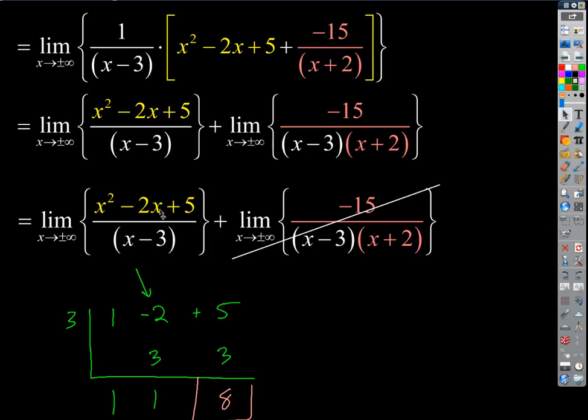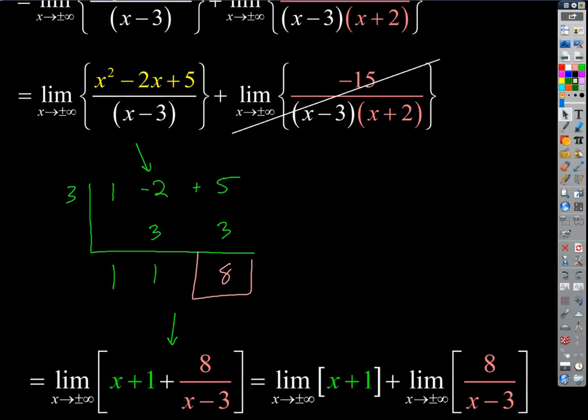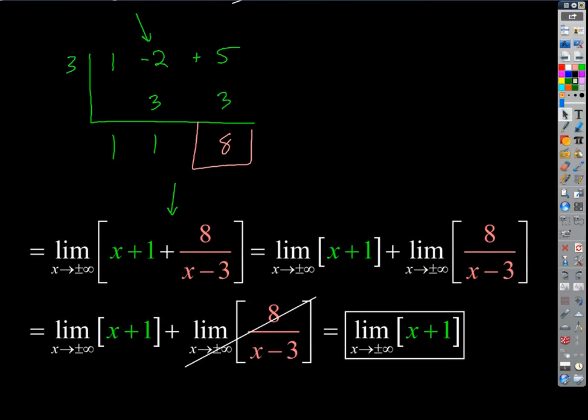That part is also easy to do synthetically, right? We can go through and the coefficients become 1, -2, and 5, and the 0 of x minus 3 is 3, and I can pretty easily do that and get this result. Well, what does that result mean? x plus 1, there's the line part, plus 8 divided by x minus 3, right?